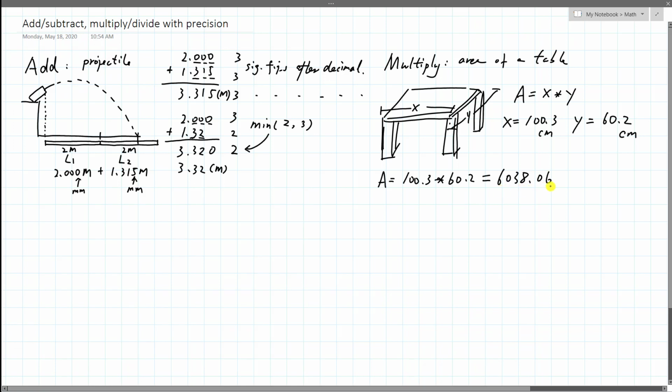So how many digits am I supposed to keep? Well, here we're going for overall sig figs. So this number x has 1, 2, 3, 4, so 4 total sig figs. And y has 3 sig figs total.